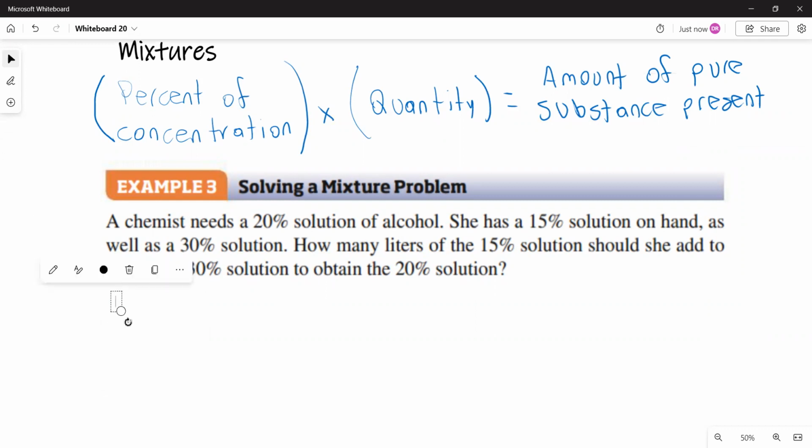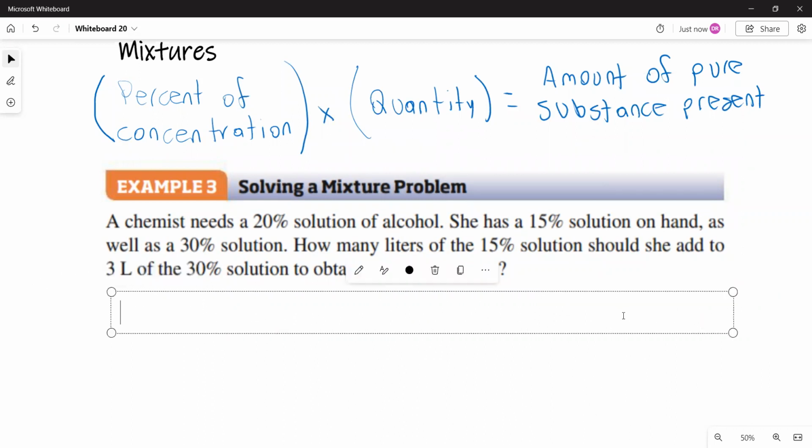So let X be the amount of liters of the 15% solution that will be added to the 30% solution.